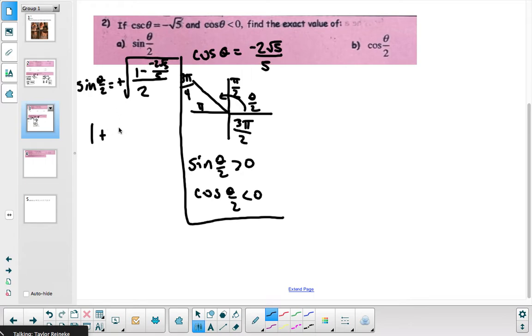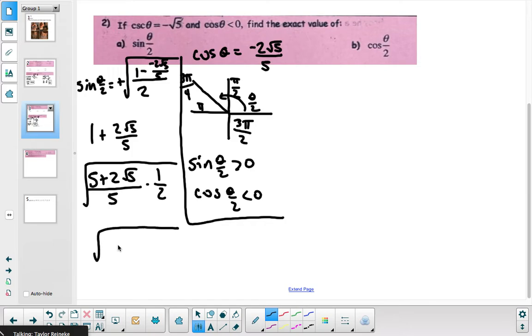We're subtracting a negative, and if I add those together, this is 5 over 5, so 5 plus 2 root 5 all over 5. Now I'm multiplying that by 1/2, so I'm going to do that here, and I'm going to add the square root in. Divided by 2, multiplying by 1/2, they mean the same thing. So here we have the square root of 5 plus 2 root 5 over 10.